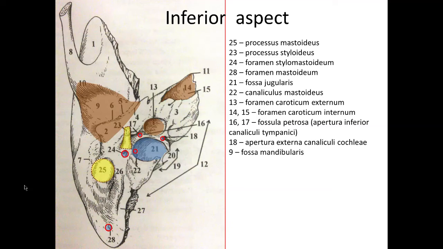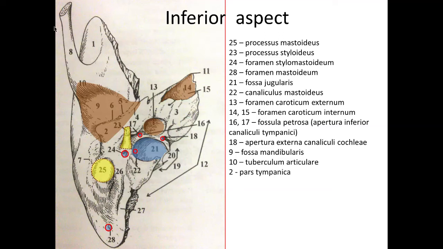Number 9, fossa mandibularis itself. We can find that it contacts with tuberculum articulare. Here it is, tuberculum articulare. And later it will be prolonged to the processus zygomaticus. Number 8 is processus zygomaticus.